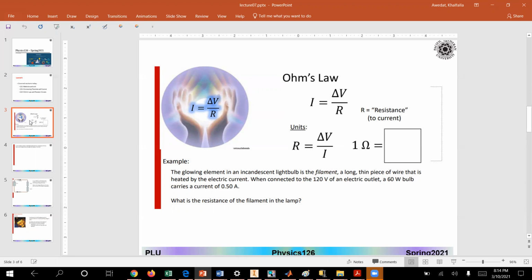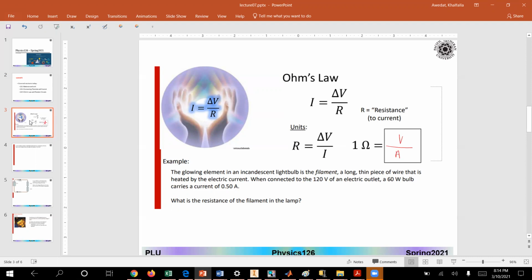And the slope of that line, we call it resistance. So the resistance is just the electric potential divided by I. As a unit, we can write it as volt divided by amps, and we call it ohms.